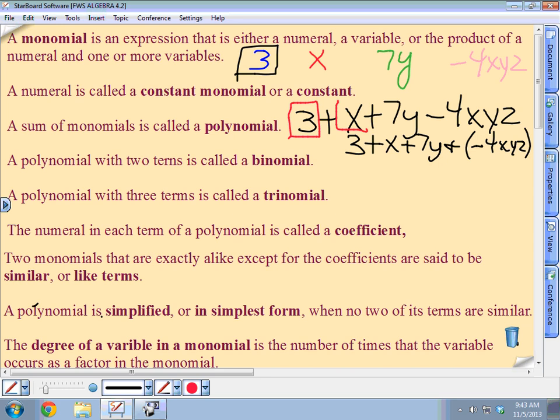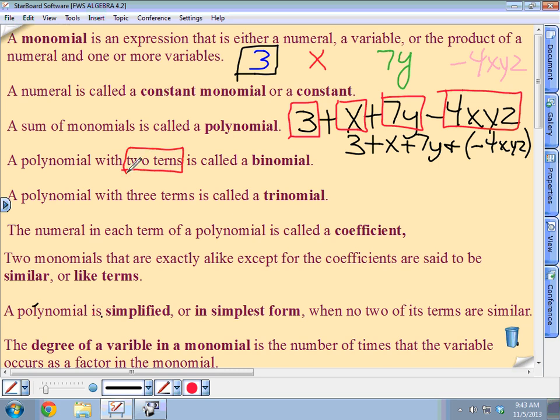So 1, 2, 3, 4. So there's 4 monomials in this polynomial. Okay? We call these monomials in a polynomial terms. So if you hear the word terms, I believe I put that up.